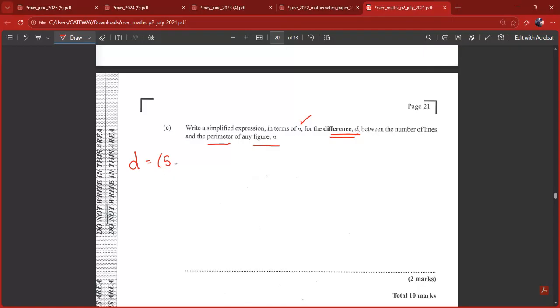So it can be 5n plus 1 subtract 3n plus 2. 5n minus 3n is 2n, and 1 minus 2 is negative 1. So this is the formula here for the difference between the number of lines and the perimeter for any figure. Alright, so that is the solution there.